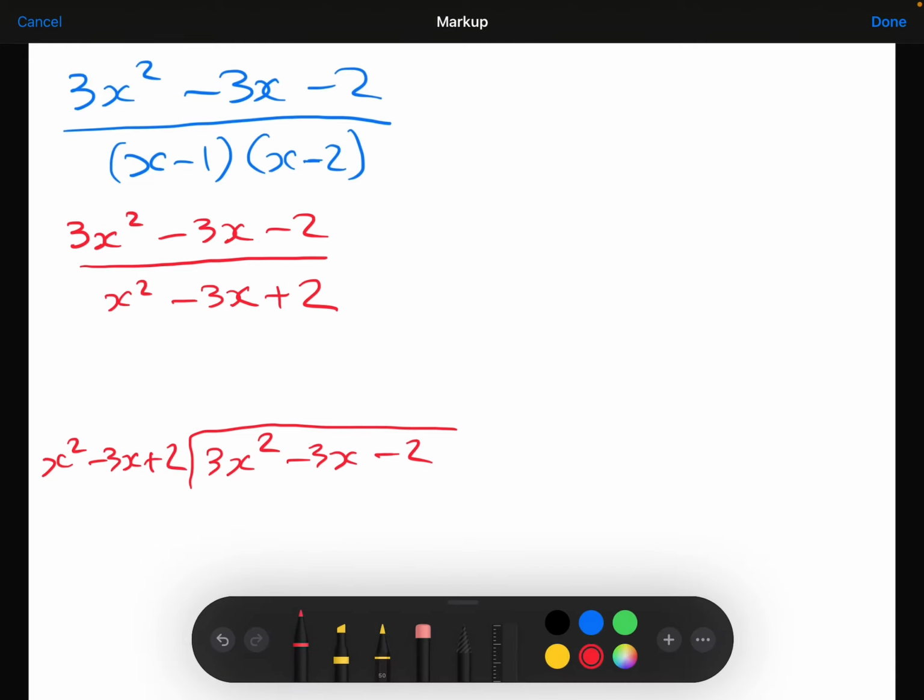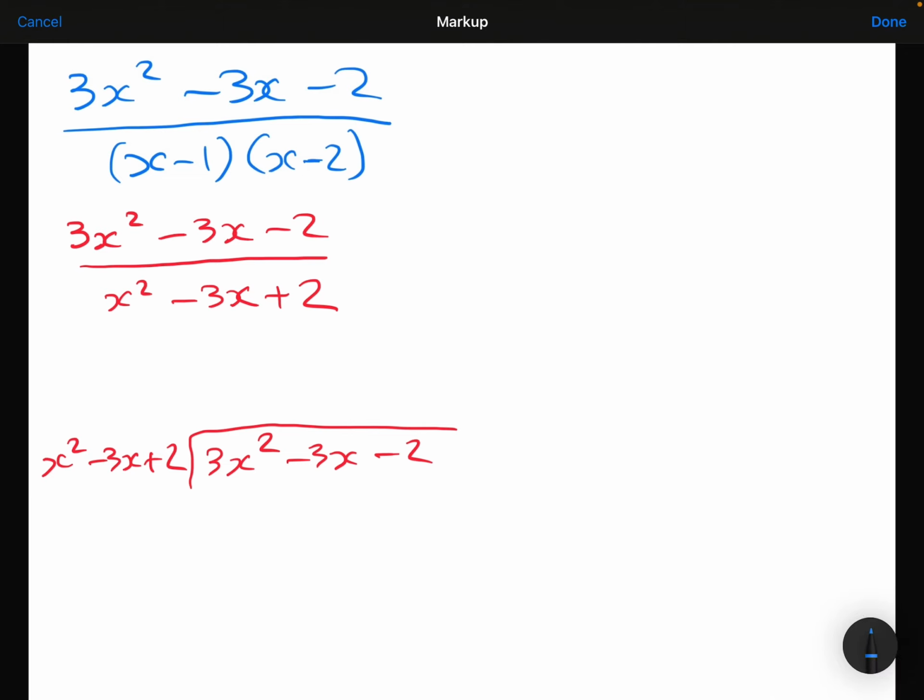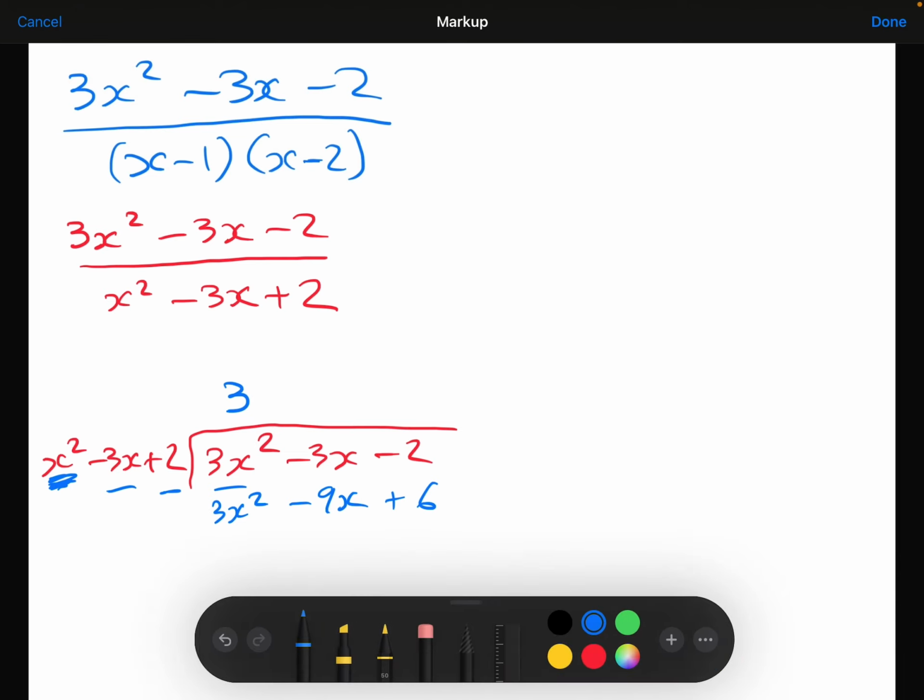Okay, so let's do this. So x squared into the 3x squared goes 3 times. I'm now going to do 3 times the x squared, 3 times the minus 3, and 3 times the 2. I am now going to take those away.